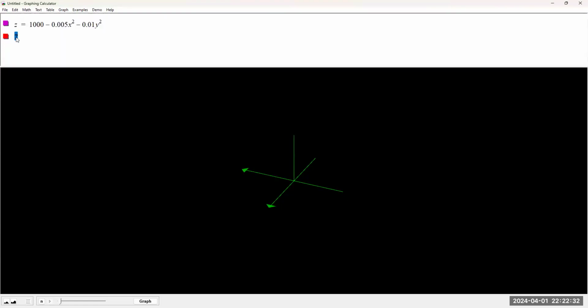Maybe I draw it this way then. I use an equation, a factor.